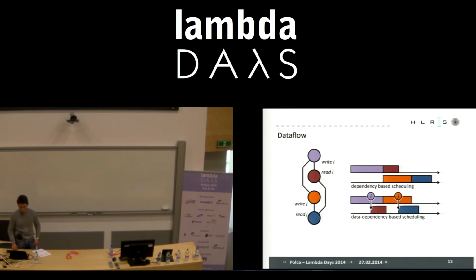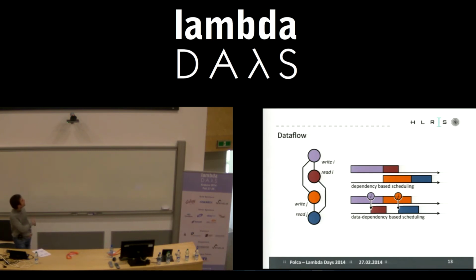If you have even more information about when the data is accessed, you can further improve it. For example, in this case, we write and we read from 2 variables. If we know when we write, we can start the task that is going to consume this data.